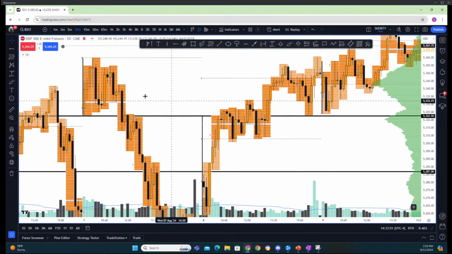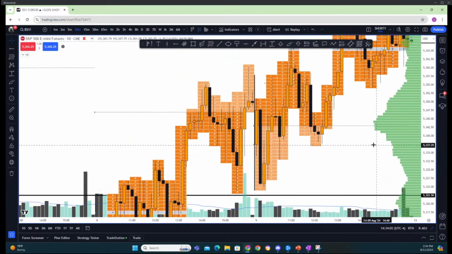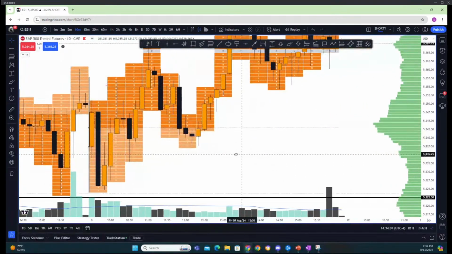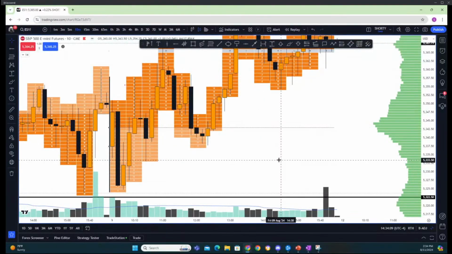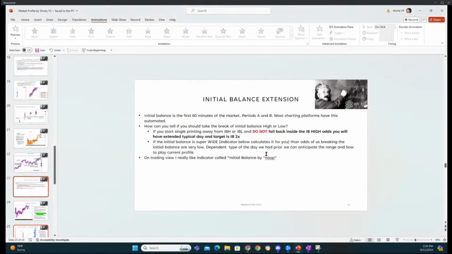You can play them, but this is not something that you should just take contextually alone. I'm retesting IBH, I'm going long off of that alone. I would say that's not going to yield a lot of results. It's important to know where that level is because the sentiment in the auction changes once you reclaim IBH and IBL levels, but it's not the setup that I would necessarily make a living off of.